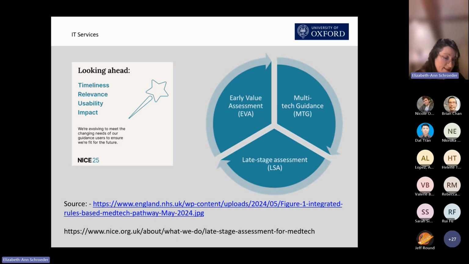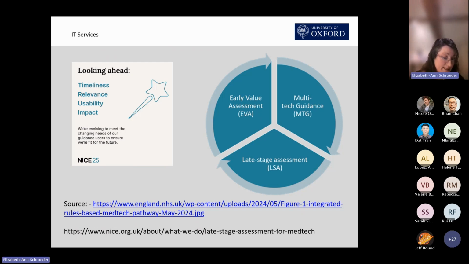A third aspect around a change in regulatory processes as NICE considers its vision for the next 25 years is an enhanced focus on timeliness for speed and efficiency in their own decision-making processes.